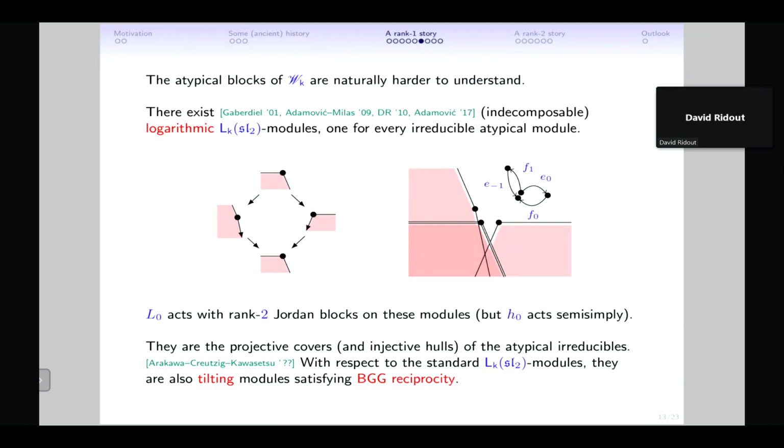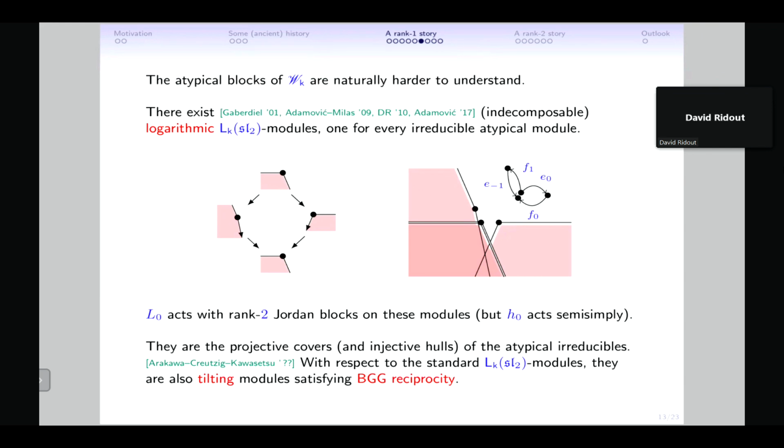So here I've taken a picture representing an atypical highest weight irreducible. And what we essentially do here is we take its, I won't say what we do. It turns out that there is an injective hull, or if you prefer, take it at the top and then take the projective cover.